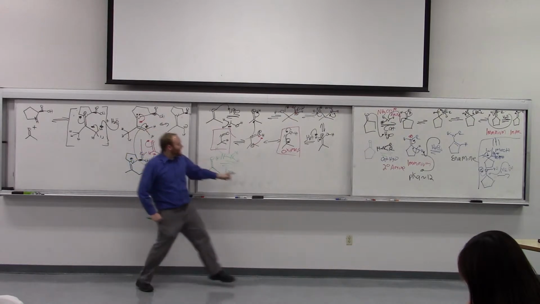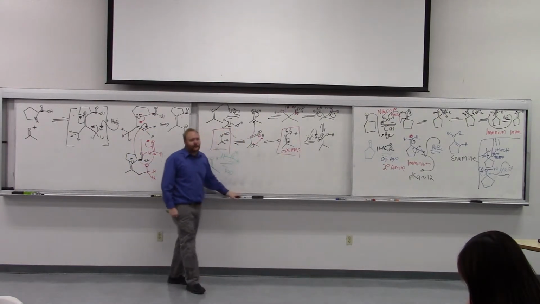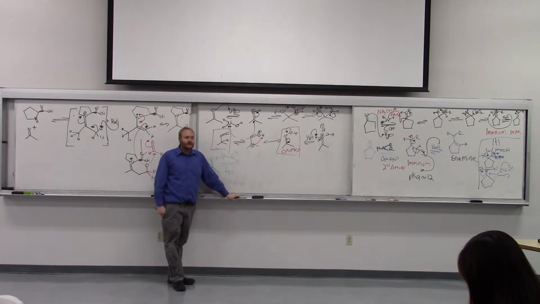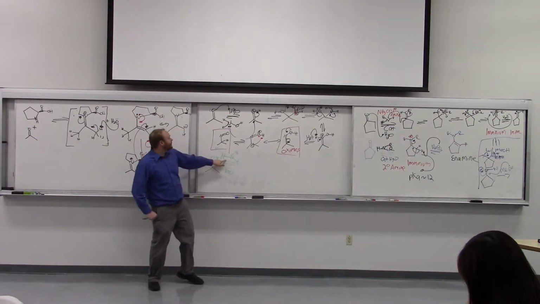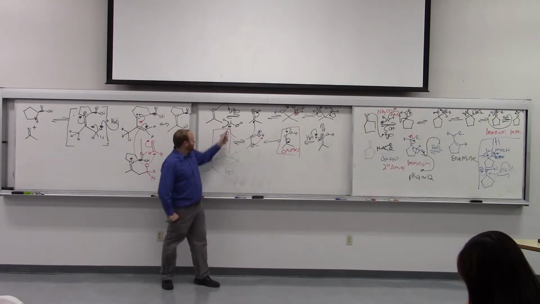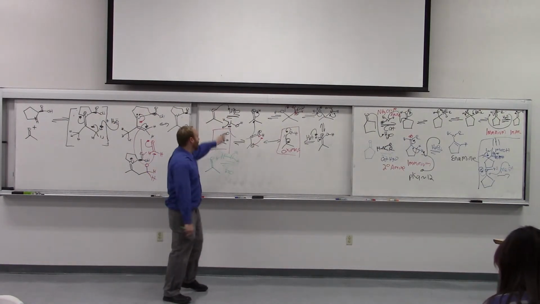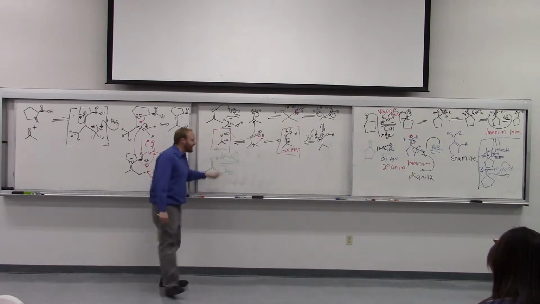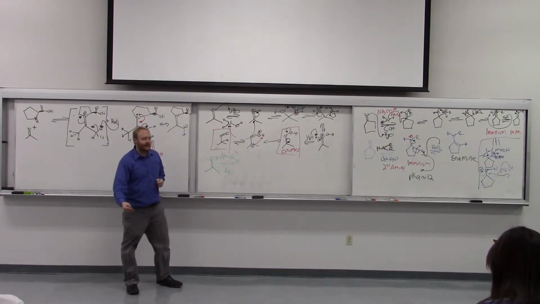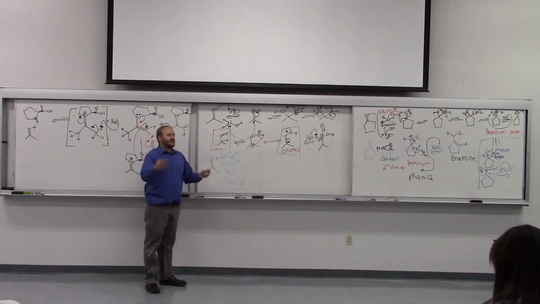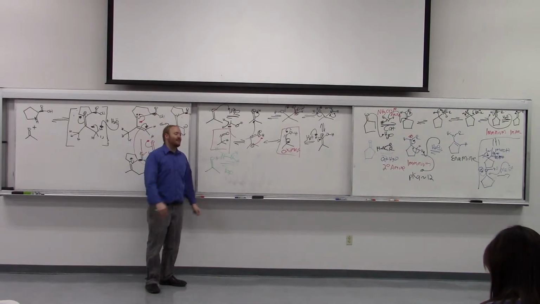Will this give us an oxime-like thing, but with a nitrogen? Will the mechanism change going from here to here? Absolutely not. It's just that we're replacing the OH in this case with an NH2 in this case, where everything's the same. Again, this class is just a variation on itself. Everything's a variation on something we've already talked about.